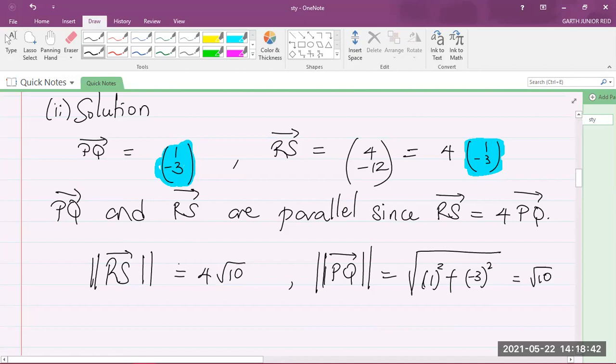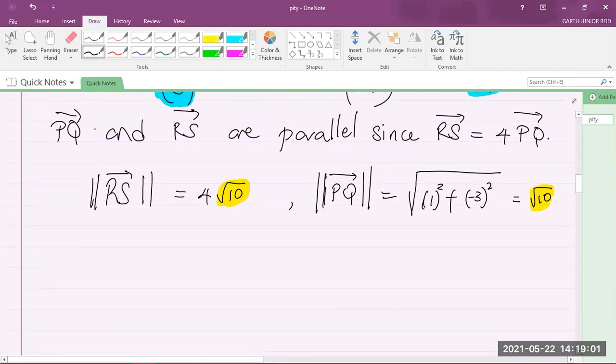Good. So what can you notice here now? What do you notice here? We have the square root of 10 here, and we have the square root of 10 here. So we can also say that the magnitude of the vector Rs is equal to 4 times the square root of 10, and we know that the square root of 10 is the same as the magnitude of the vector PQ.